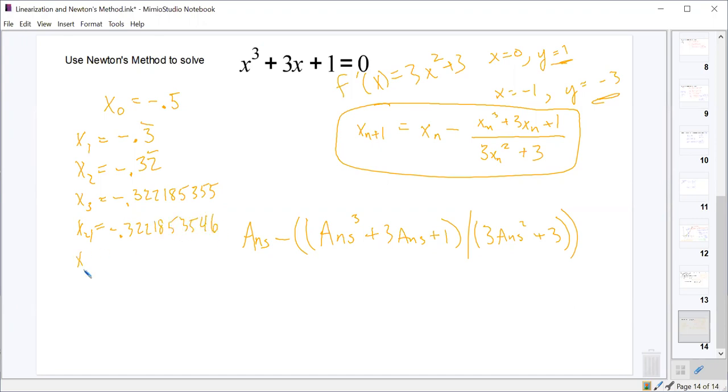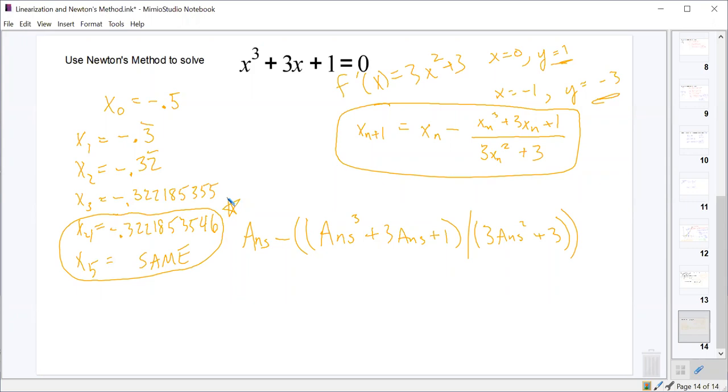Okay, hit enter again. And I believe that one should probably come out to be exactly the same as x sub 4 was. Yeah. So once you get 2 in a row that are exactly the same, you are at least to that number of decimal accuracy. So we are now at 10 decimal points of accuracy.